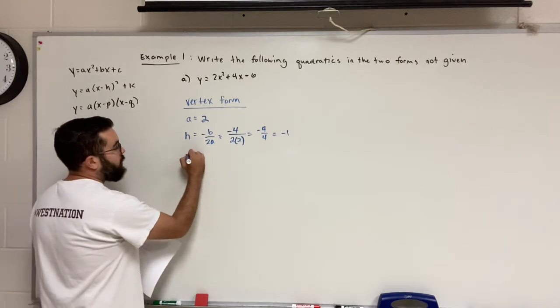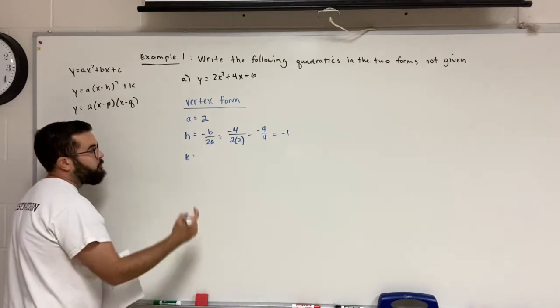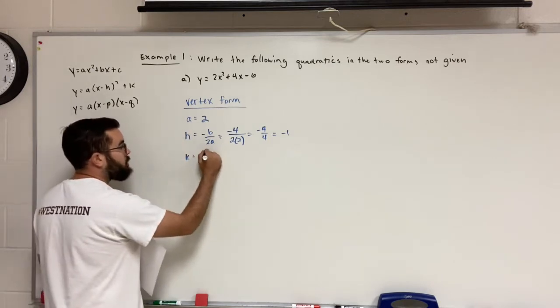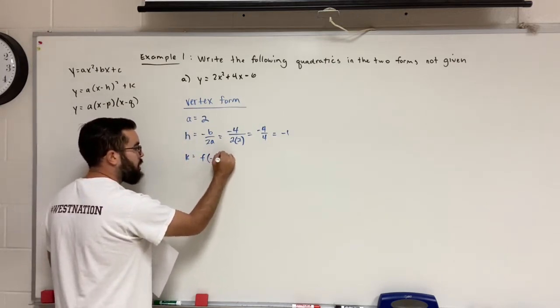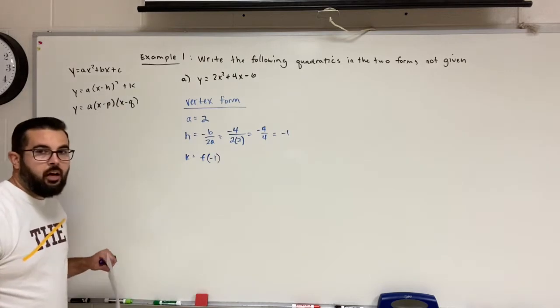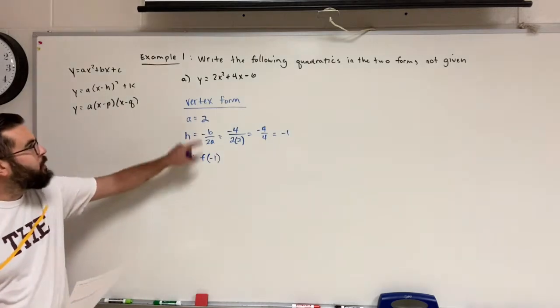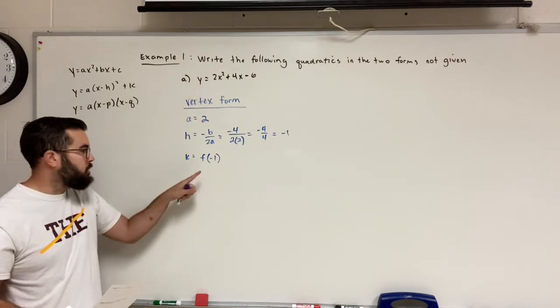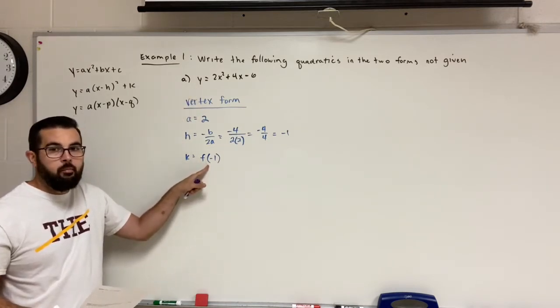So then we have to find k. So k, that's the y value of the vertex. So that's going to be f of negative 1. Now I know my function's not written in function notation, but that's okay. I can still write this and understand what I'm doing.